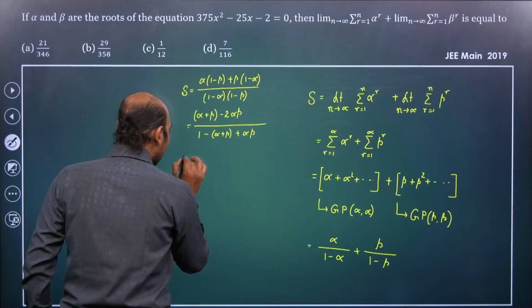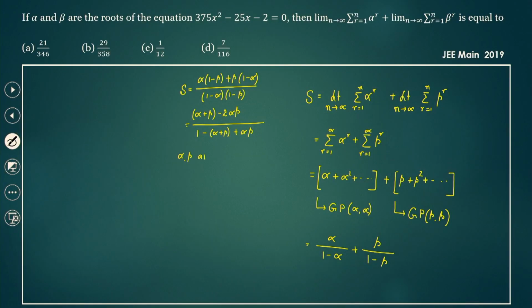So alpha, beta are the roots of the quadratic equation 375x square minus 25x minus 2 equals 0. That implies the sum of the roots alpha plus beta is equal to 25 divided by 375, and the product of the roots alpha beta is equal to 2 divided by 375, obviously with a minus sign here.